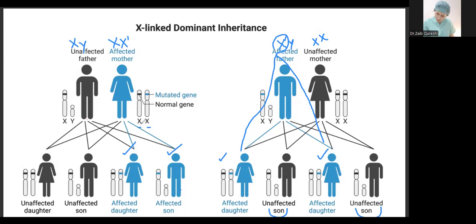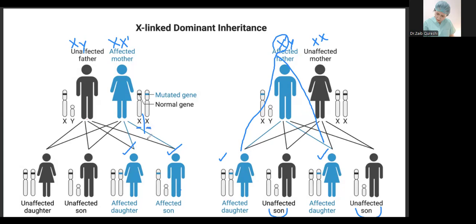Parents can transfer half of their genome, half of their chromosomes to the babies. So every time she is producing a baby, there's a 50% chance that she can transfer the mutated X chromosome, and 50% of the times she can transfer the normal one.